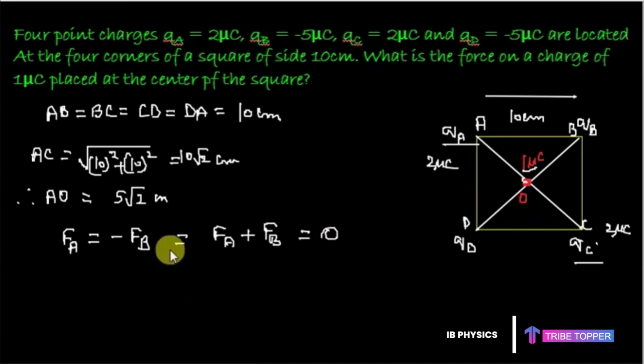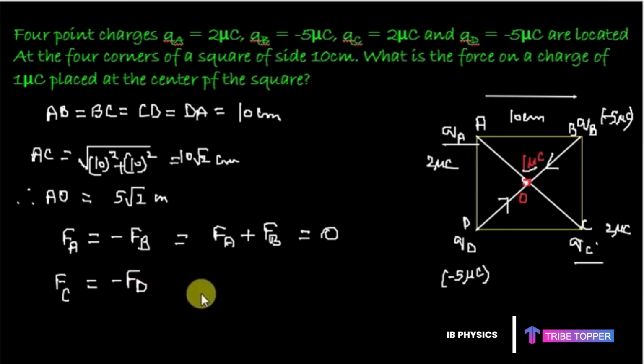Similarly, consider the resultant force on this charge O due to the charges at B and D. Now we have the charges minus 5 microcoulomb both at B and D, and the charge at O is plus 1 microcoulomb, so it's going to experience an attractive force, but again equal and opposite. So the force on the charge at O due to B is going to be equal and opposite to the force due to the charge at D. Therefore, we can put a vector sign here because we're talking about directions also.